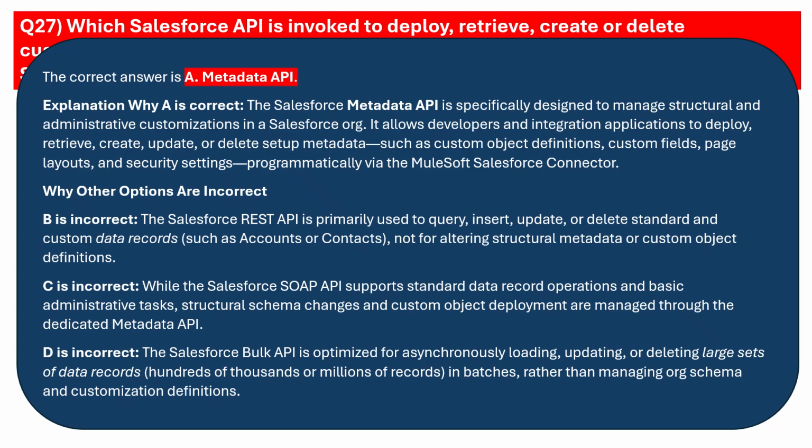While the Salesforce SOAP API supports standard data record operations and basic administrative tasks, structural schema changes and custom object deployment are managed through the Metadata API. D is incorrect. The Salesforce Bulk API is optimized for asynchronously loading, updating, or deleting large sets of data records, hundreds of thousands or millions of records, in batches, rather than managing org schema and customization definitions.